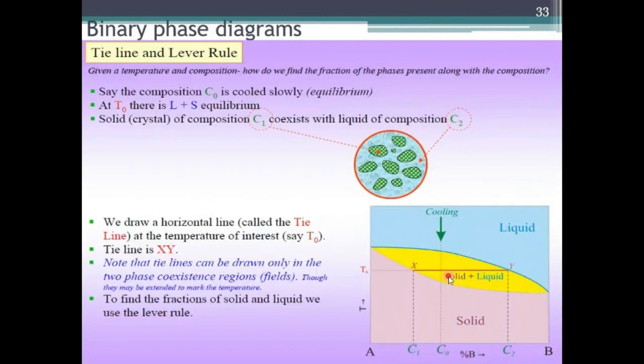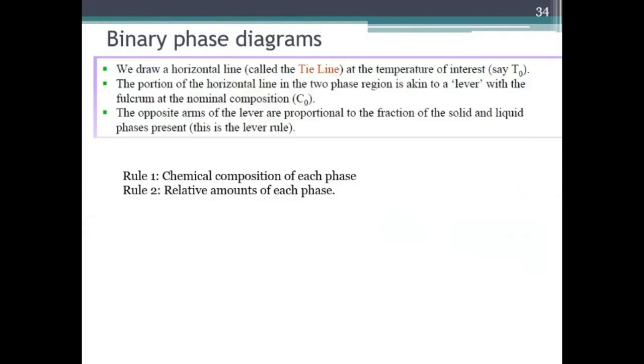Up to this point it is solid, and up to this much is liquid. That's why we call it a solid plus liquid mixture. Mainly there are two rules: one is the chemical composition, and the other is the relative amount of each phase.